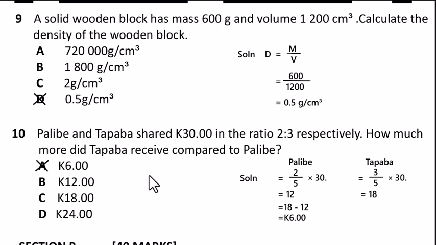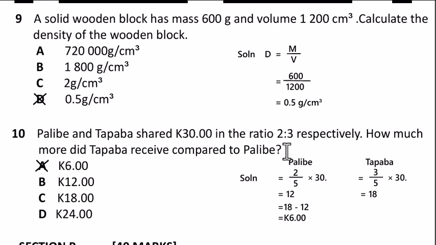Question 10. Tapaba and Parib share a quantity in the ratio of 2 to 3 respectively. How much did Tapaba receive compared to Parib?